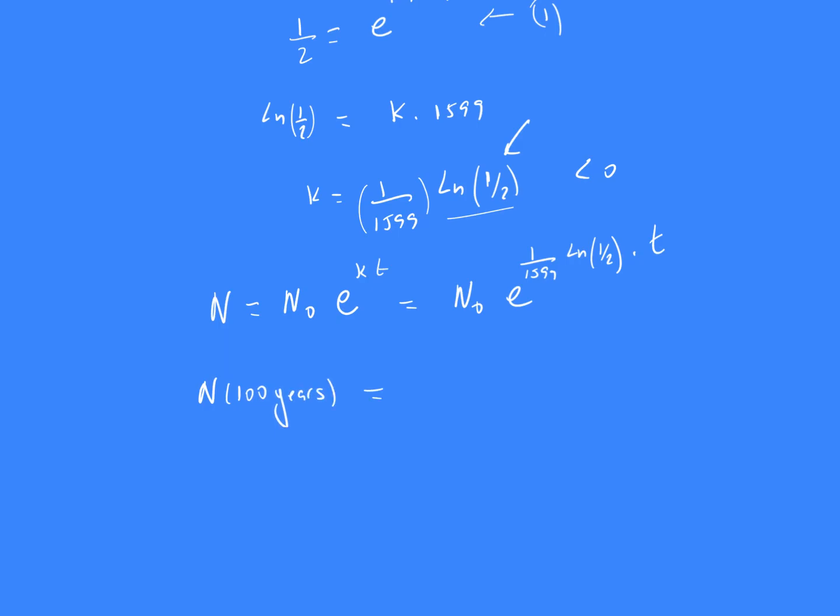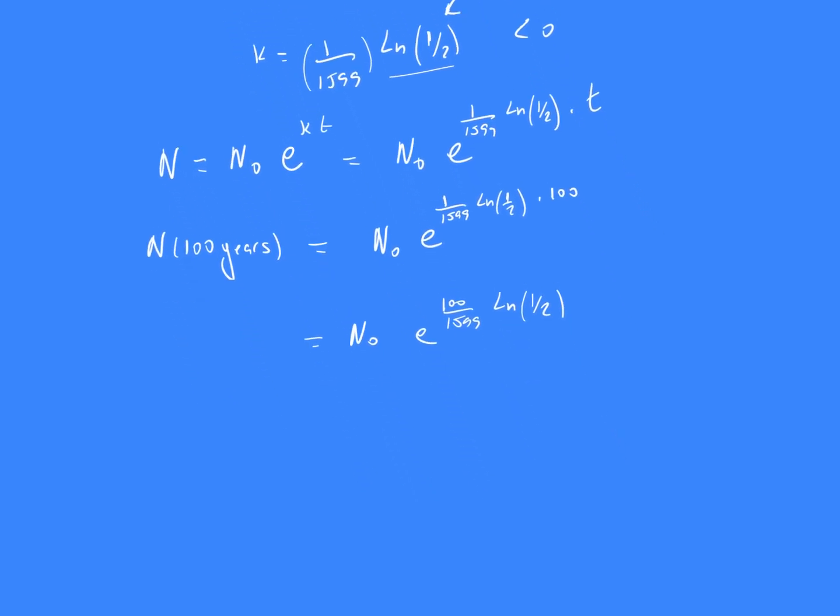After 100 years, the amount of substance will be the initial amount multiplied by e to the natural log of 1/2 divided by 1,599, multiplied by 100. So this will be n0 e to the 100 divided by 1,599 times the natural log of 1/2.